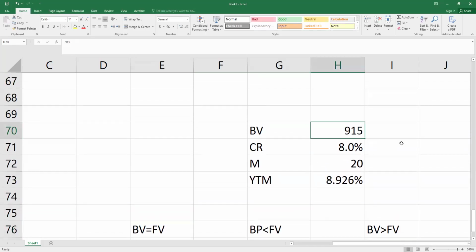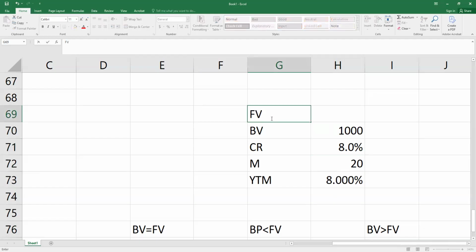So take the example here. Put 1,000 here. If the bond value becomes 1,000, the YTM will be exactly 8%, so bond value and the face value are equal.